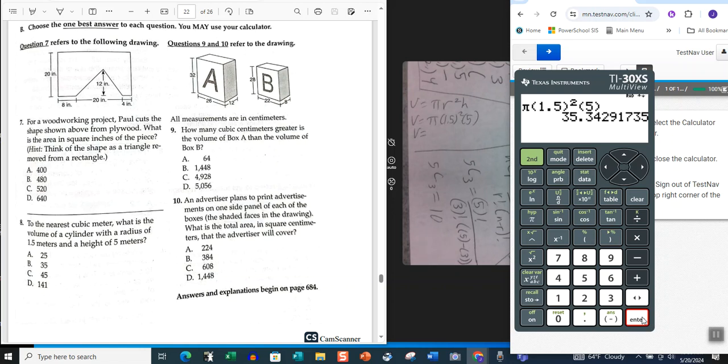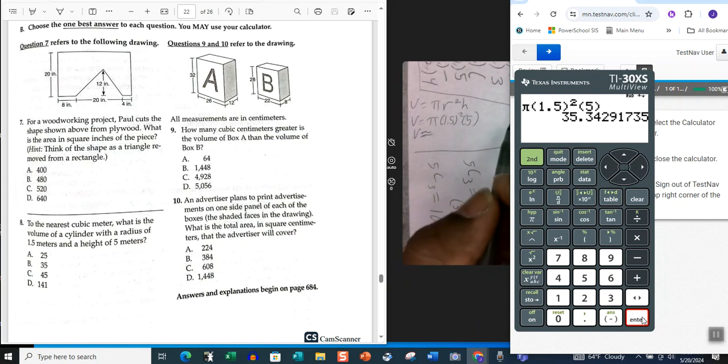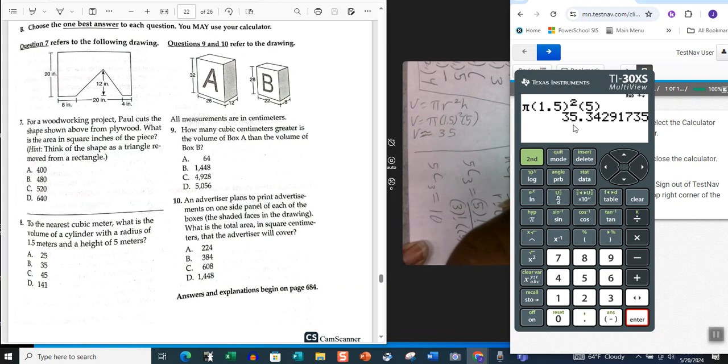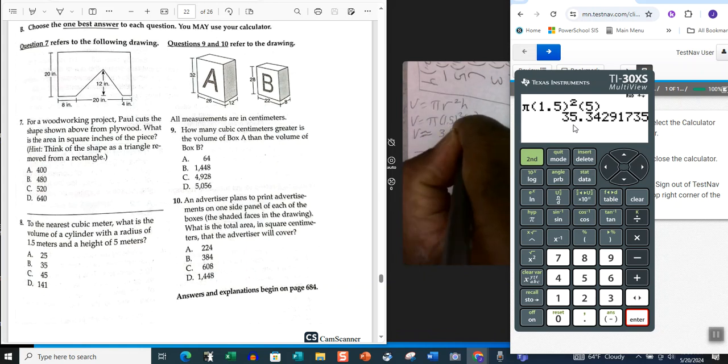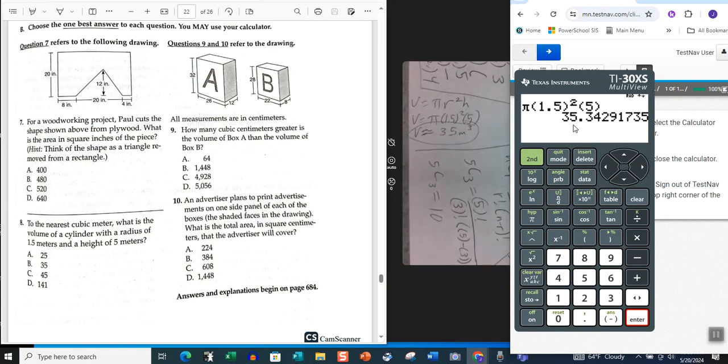So now it's an approximation, and they said to the nearest cubic meter, so we round it to the nearest whole number, so it'll be 35, and since it's cubic meter, it'll be meters cubed. So that would be your volume, 35 meters cubed, which would be B.